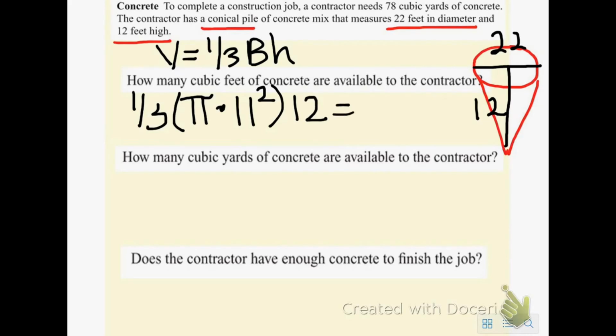So I get my calculator, and I say 1/3 times pi times 11 squared times 12. That tells me that I have 1,520.5 cubic feet.